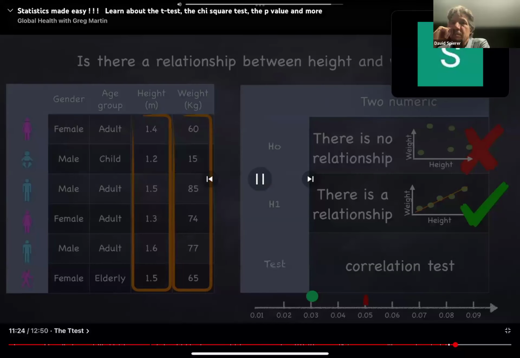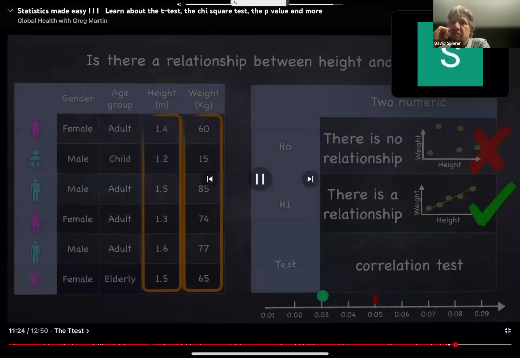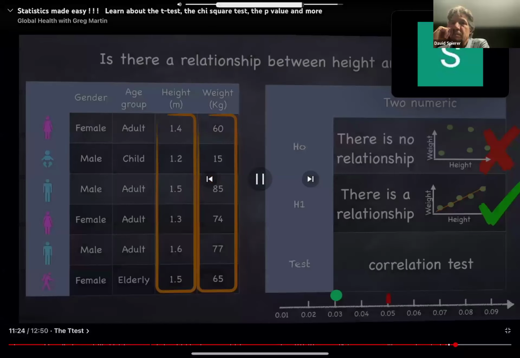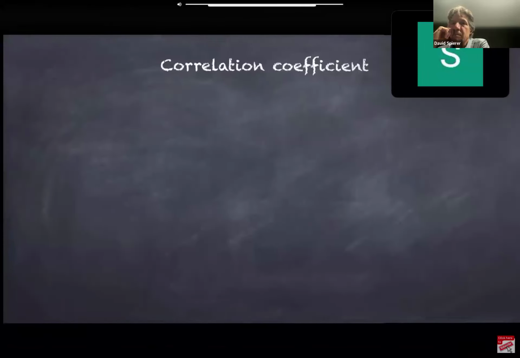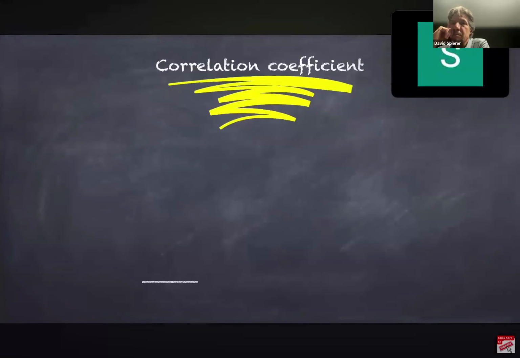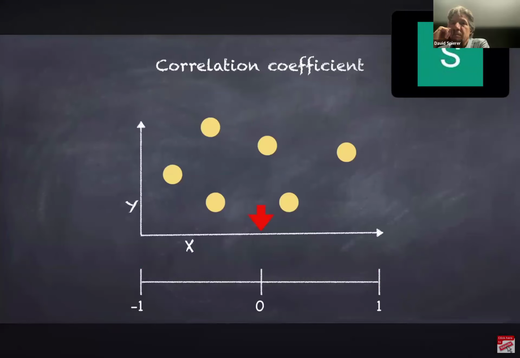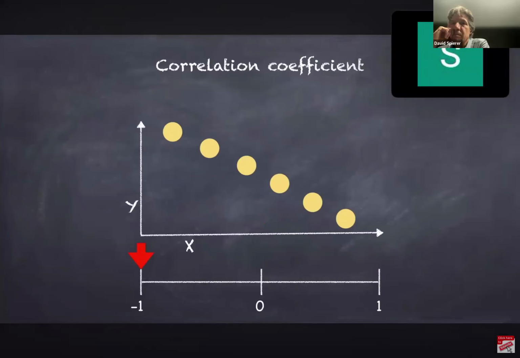If they are perfectly negatively correlated, then the correlation coefficient will be -1. If there's no relationship between the 2 variables, then the correlation coefficient will be 0. And if there's a perfectly positive correlation, as x goes up, y goes up, then the correlation coefficient will be 1. And of course, you can have any value in between. And by the way, it doesn't matter which of your variables is on the x and the y axis. The correlation coefficient will be the same.